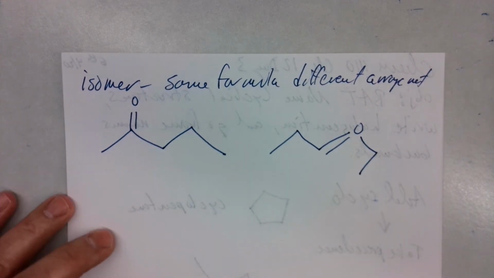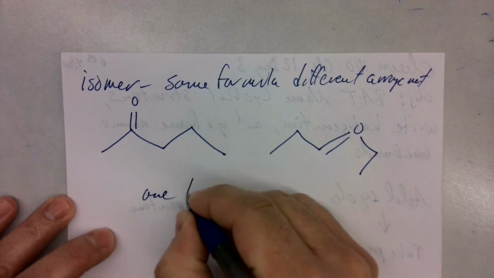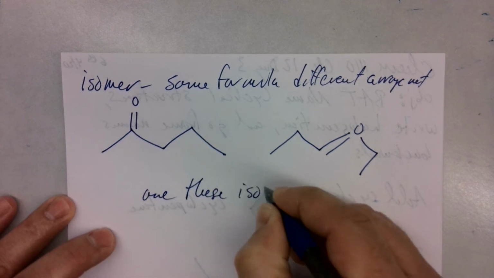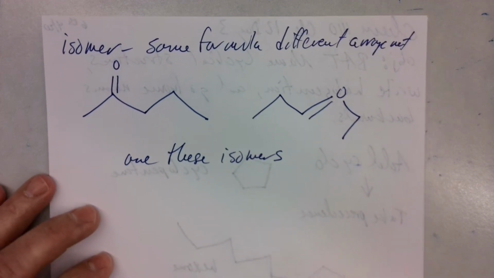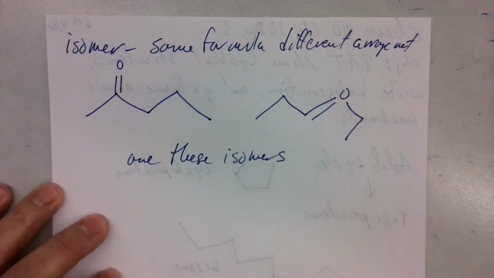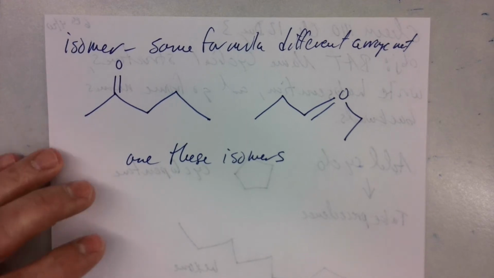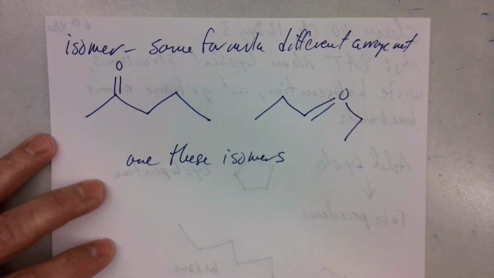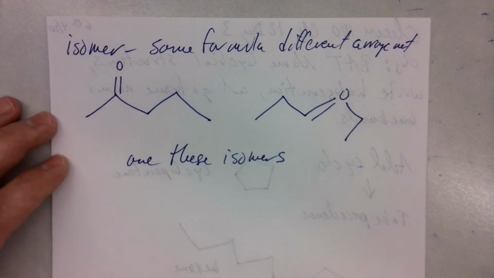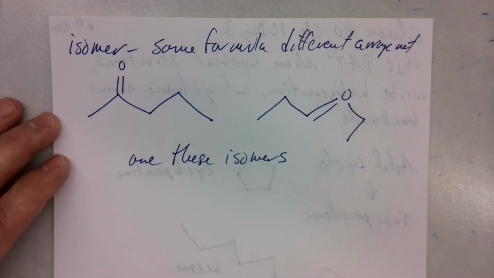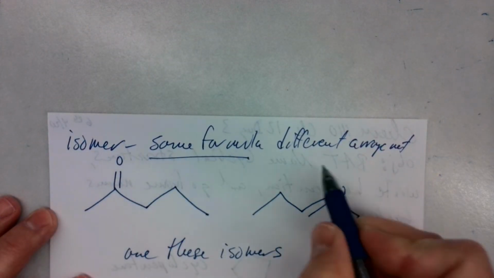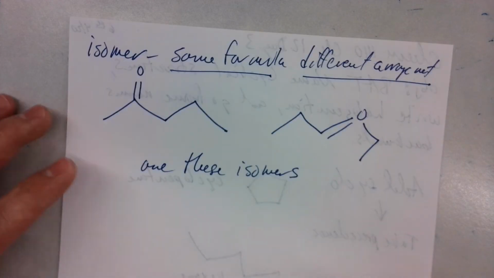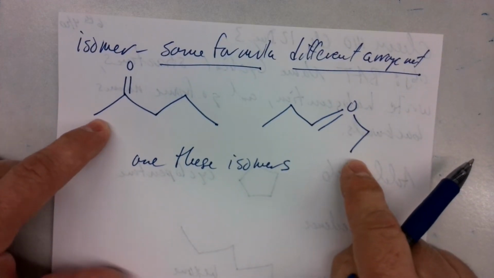They're going to do that, and they're going to say, are these isomers? Well, how am I going to figure out whether or not they're isomers? I'm going to see if they have the same formula. Same formula, different arrangement. Are these arranged differently?